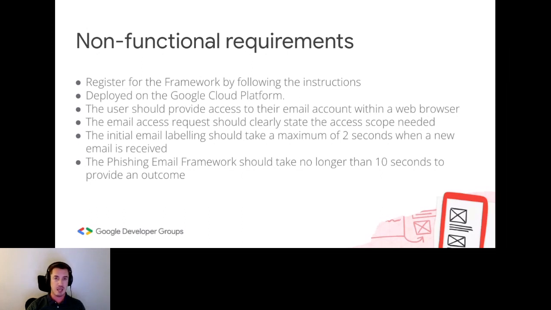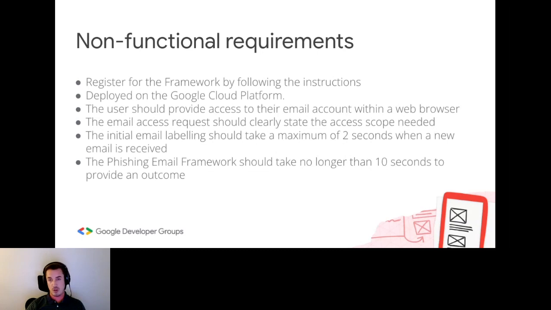In our case, we need to clearly state that we need view access to the email, but also edit access, because we will need to edit those emails and append or remove labeling.